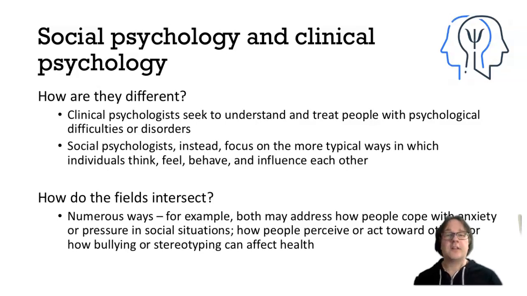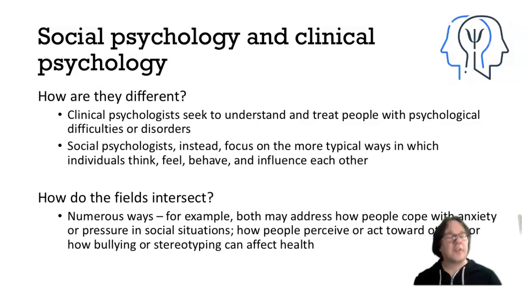So, comparing social psychology and clinical psychology, how are they different? Well, clinical psychologists seek to understand and treat people who have psychological difficulties or disorders. Social psychologists instead focus on the more typical ways in which people think, feel, and behave and influence each other.